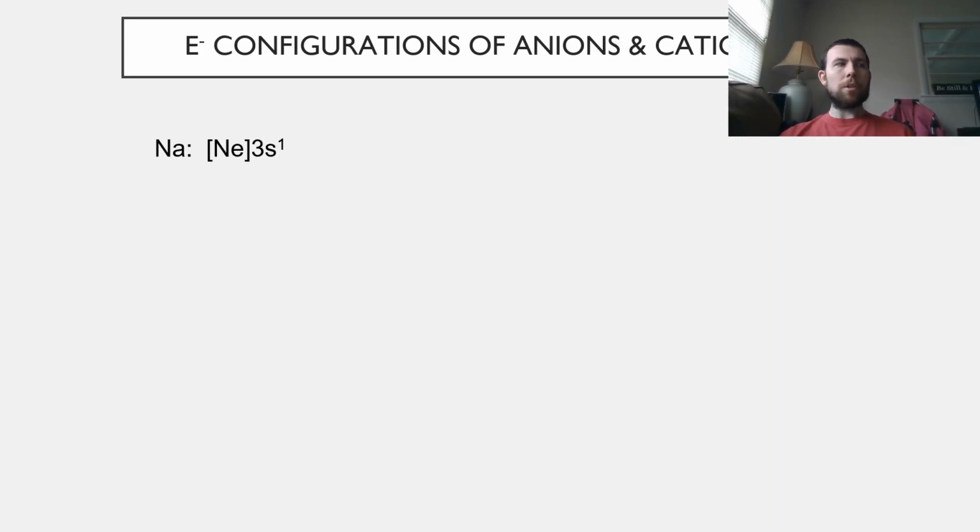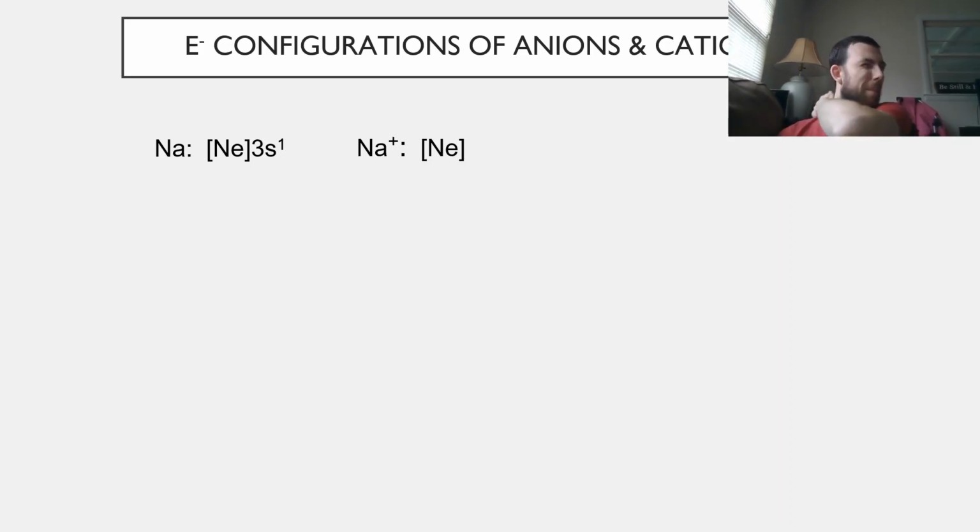Well, when sodium forms a cation, it forms the Na+ ion, which means it has the electron configuration of neon. Now, just as a note, typically we don't write [Ne] for something that's an ion. We would write [He] and then write the rest of the configuration, 2s2 2p6.